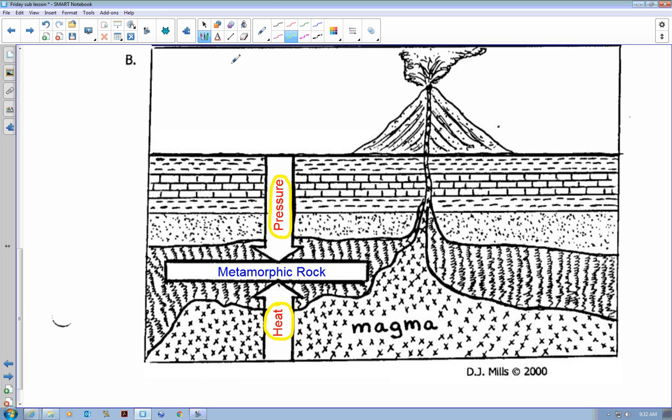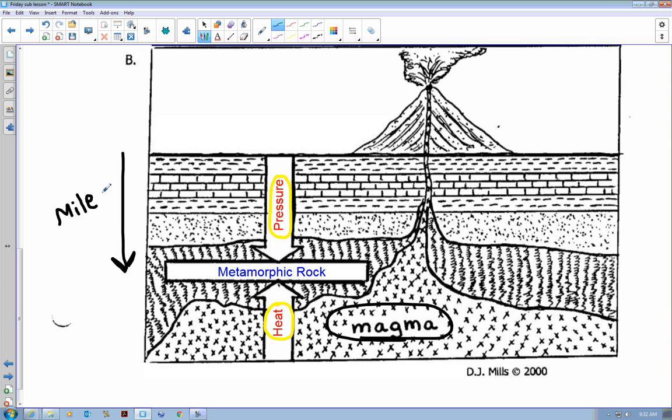So if you look at this picture, we're seeing that down here we have a magma plume that's going to, of course, be incredibly hot, molten rock. And we're realistically talking about a depth that is going to be very, very deep. So this is very likely several miles deep.